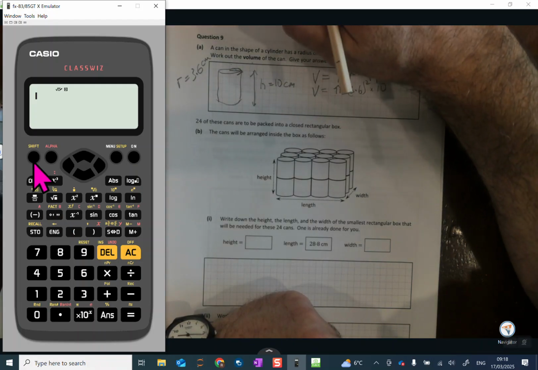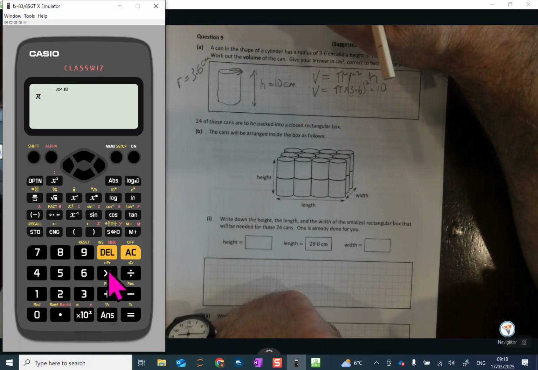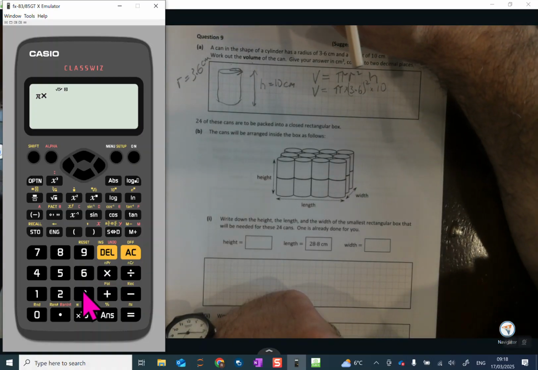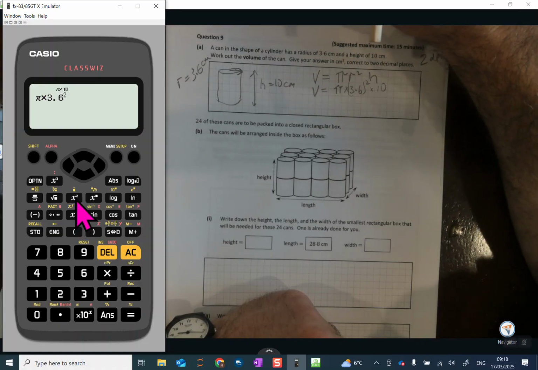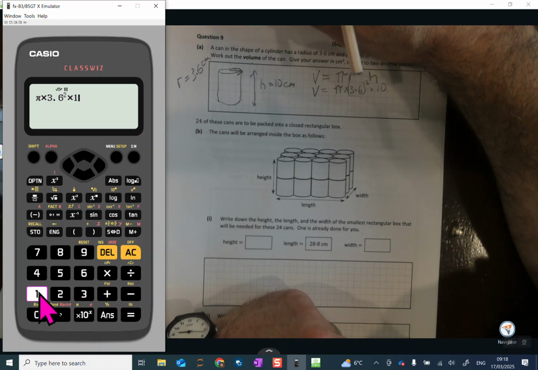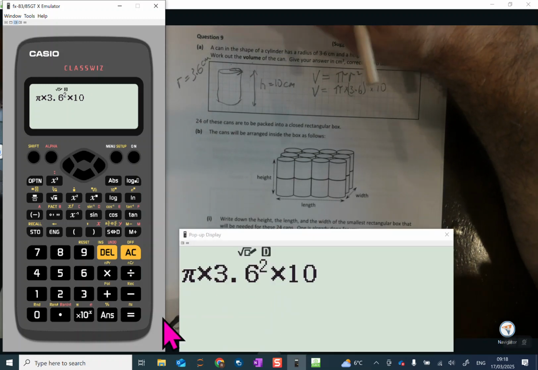So I'll start off with my pi value from the calculator there, times, now I put that in a bracket but it doesn't need to be, truth be told, it's just a single number, 3.6 squared, so I'll leave out that there, and times 10. Okay, have a close look at it, make sure that everything is right the way we want it, and hit equals.